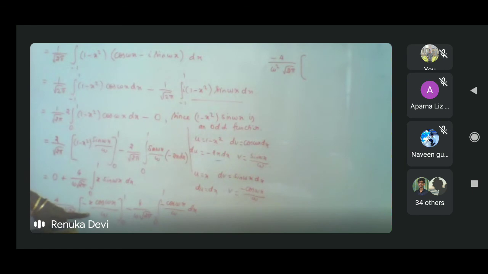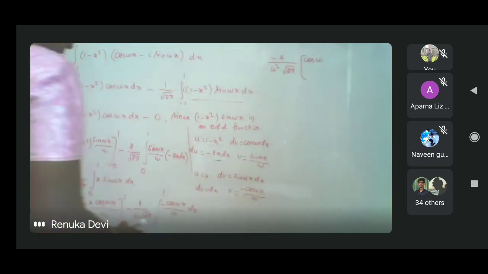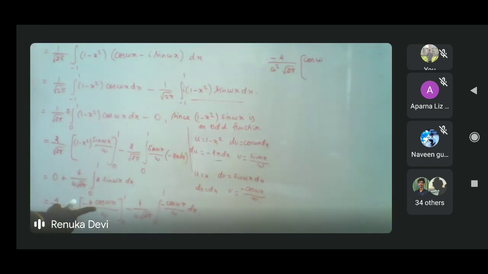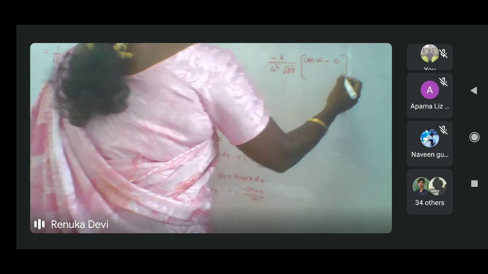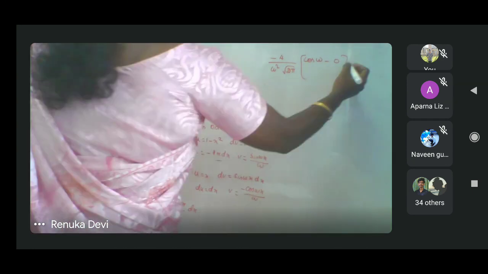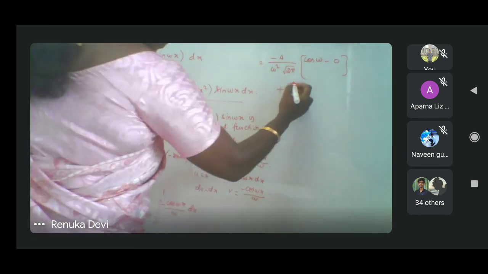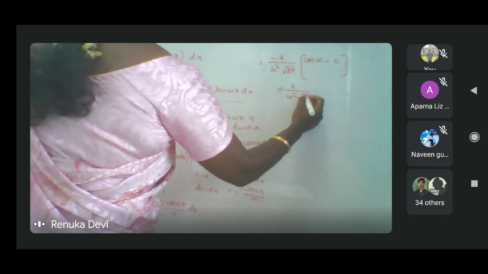I have taken the constant. So upper limit, this is 1 into cos w. When you substitute the lower limit, it is 0, isn't it? 1 into cos w minus 0 into cos 0. It is 0. So the first term, we have these two. Minus of minus is plus, so plus 4 by w squared root 2 pi.